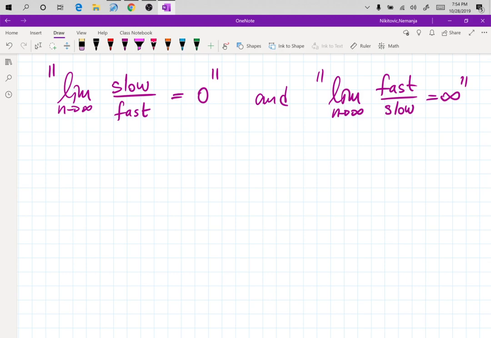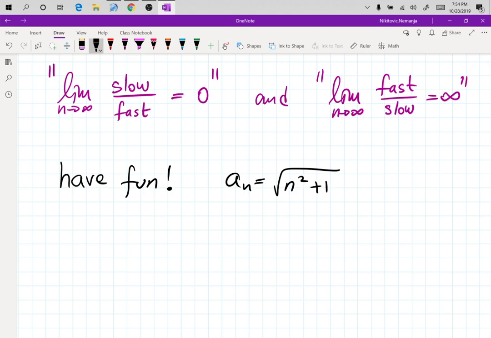Yeah. I'll just give you this because I know class is over and you want to go home and do nothing. So have fun. a_n is equal to, and we can start with this on Wednesday, the square root of n squared plus 1, minus n, with n outside of the square root.